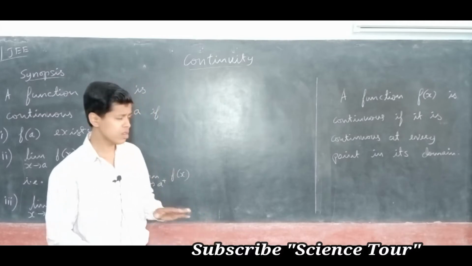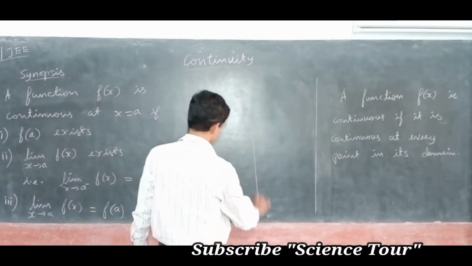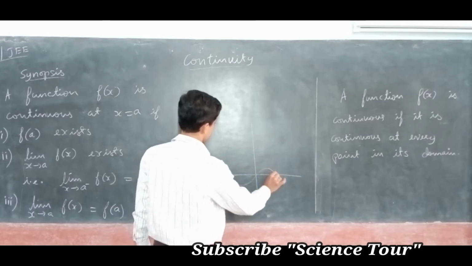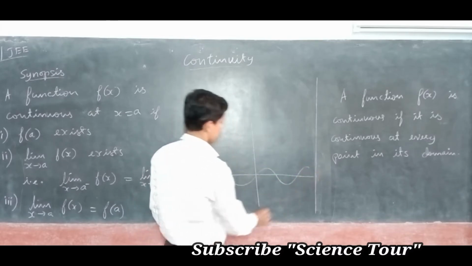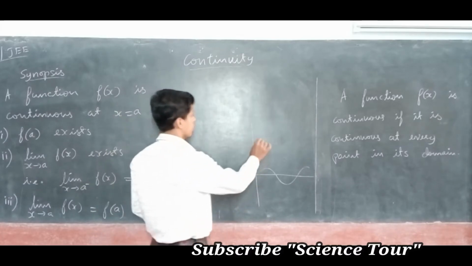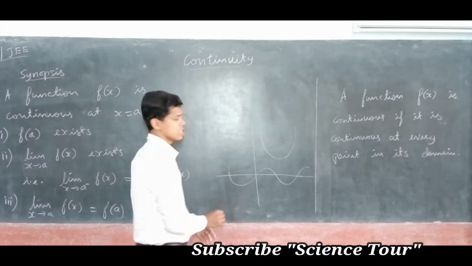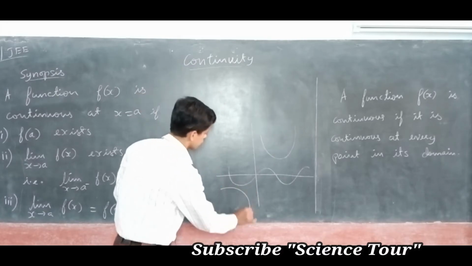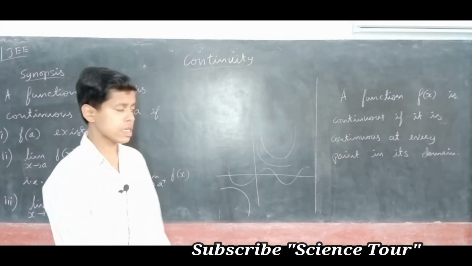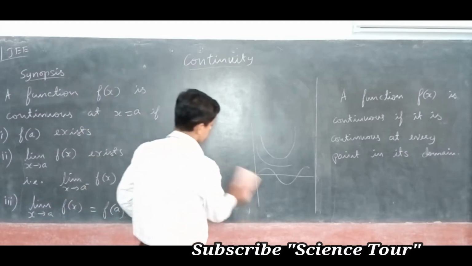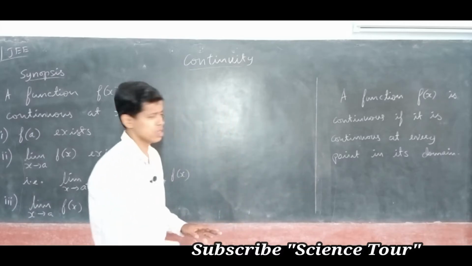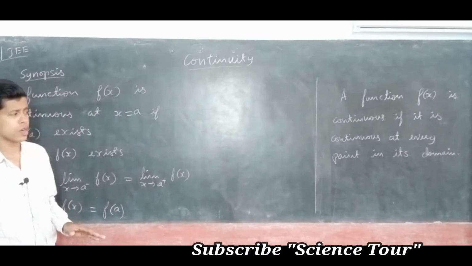When you come to mathematics, if you have a function which is continuous, there is no break in that function. You can have a function which is continuous, there is no break in that function. So that is the crude understanding of it.